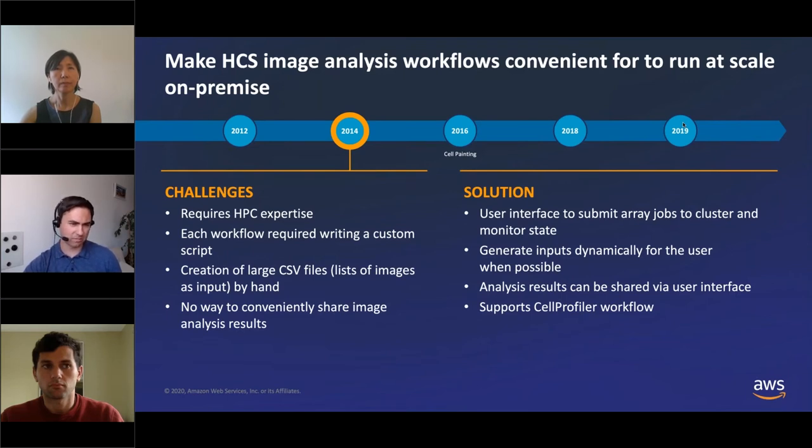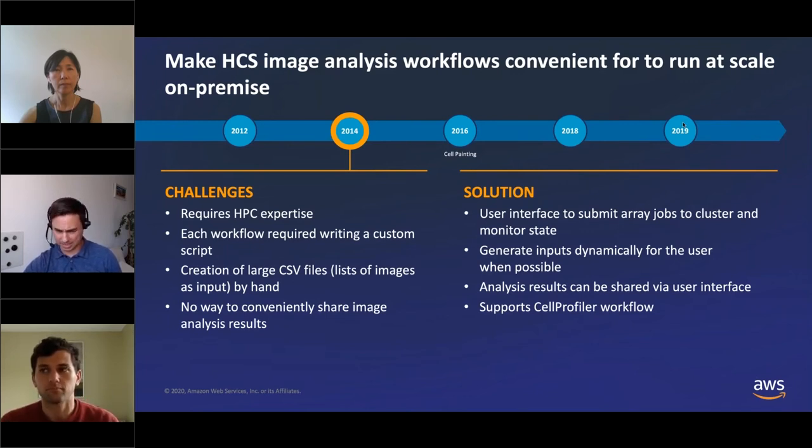You can think of the input for the CellProfiler workflow as a large CSV file. It's just a list of images. So it was error prone, tricky to debug. And finally, there was no way to conveniently share the image analysis results. You had people moving kind of large files around manually. It's not ideal.